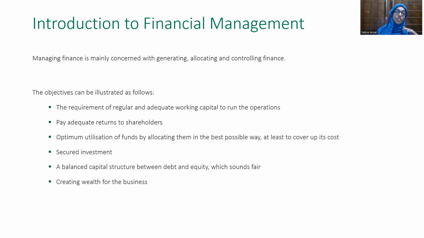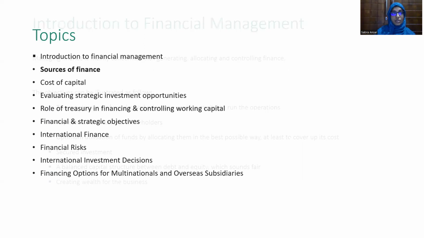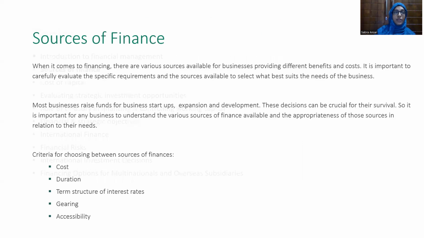Therefore, an organization always needs to have a balanced debt and equity ratio in order to ensure that the management of the organization happens well. And then lastly, it is to create wealth for a business organization as well. Now we will move towards the sources of finance.